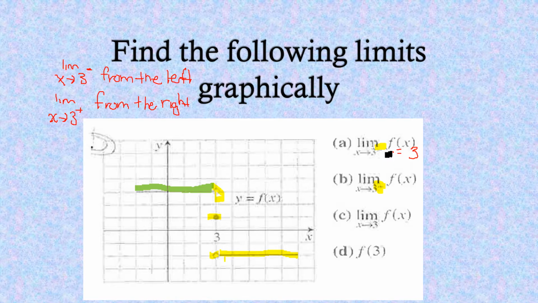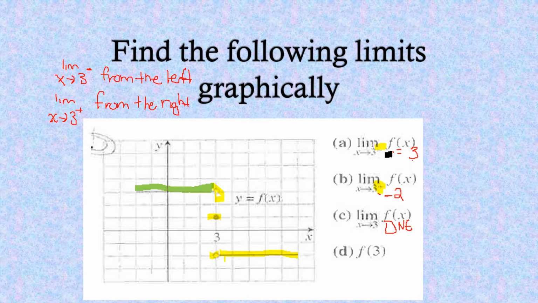So the limit as I approach x from the left of 3 is 3. The limit as I approach x from the right of 3 is negative 2. Therefore, since the left-hand limit does not equal the right-hand limit, the limit as x approaches 3 does not exist.